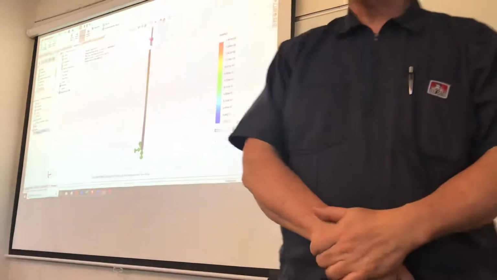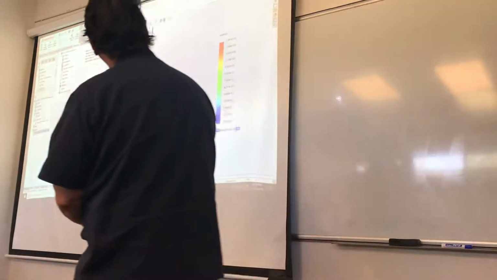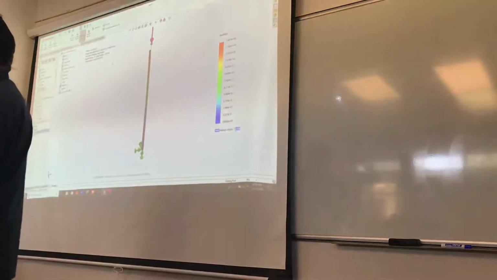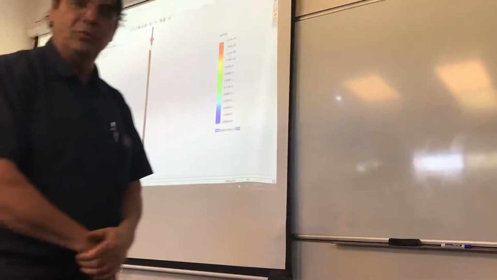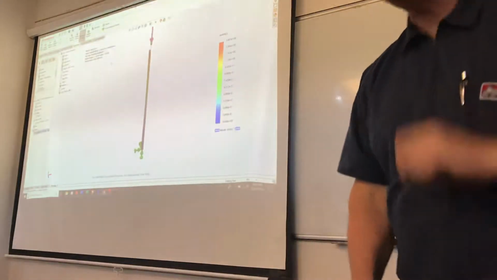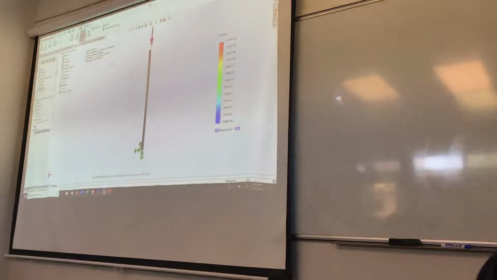So, right now it says we could push on it by a factor of 65,795, which means, since we are pushing on it with a load of 1 pound, we would expect it to buckle at a load of 65,795 pounds. Absolutely.